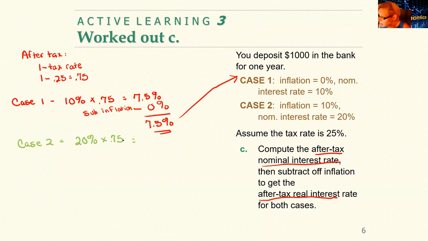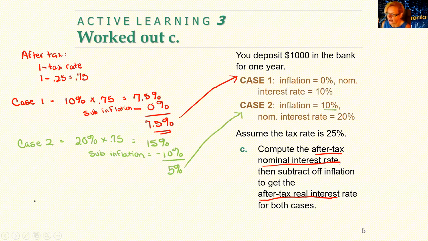Yeah, it is 15. I thought it was, but double check. 15%. Now what we're going to do is subtract inflation. Inflation in case two was 10%. So our after-tax real interest rate in case two is 5%.